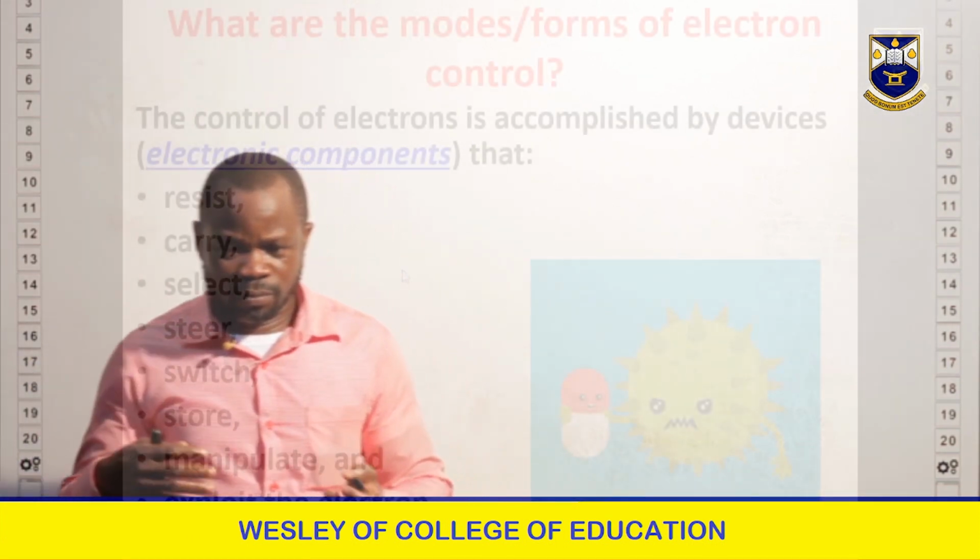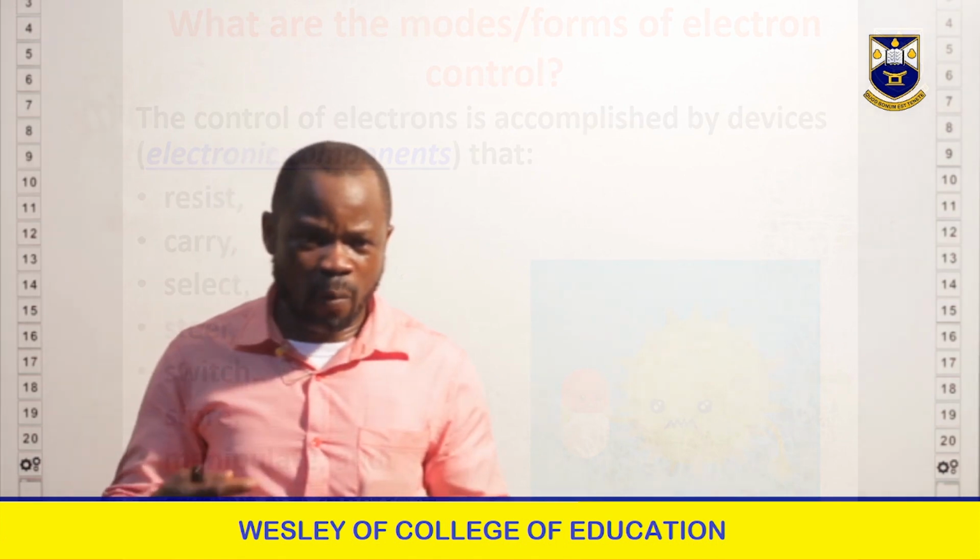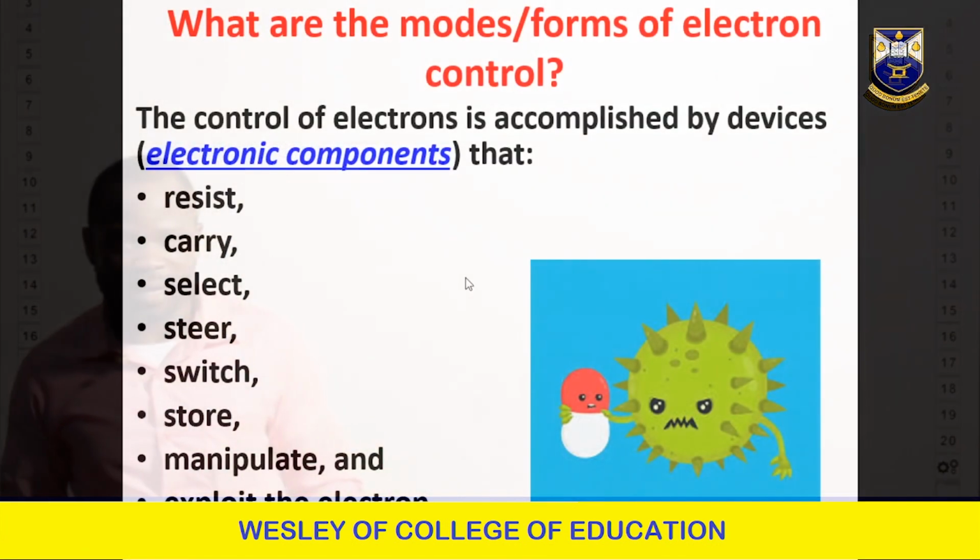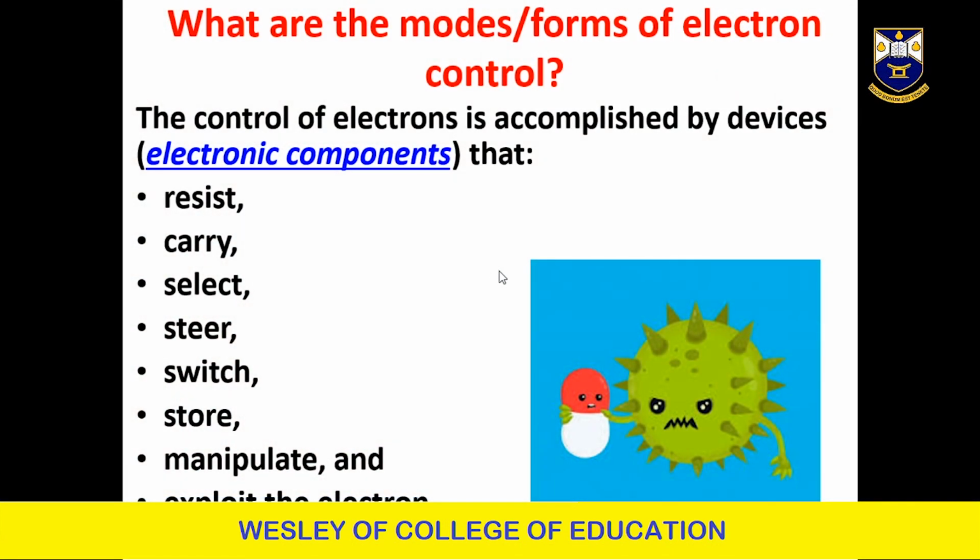So electronic components may steer the electrons, they control the electrons. They also may switch an electronic device on or switch it off, store some electrons, in other words, store charges, and also manipulate those electrons and exploit them as well.